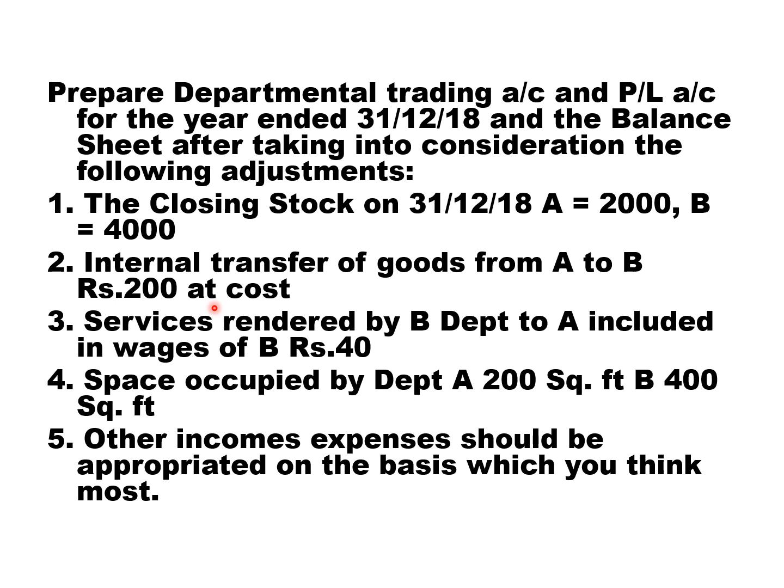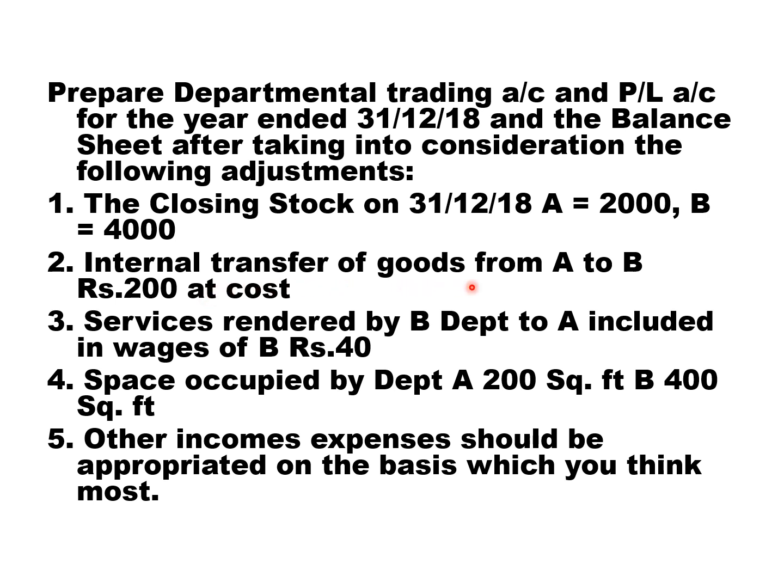Since the words at cost are given, you need not calculate unrealized profit. But in the previous problem we calculated because specifically they asked you to adjust unrealized profit if any. So here in this question there is no unrealized profit, there is no stock reserve.